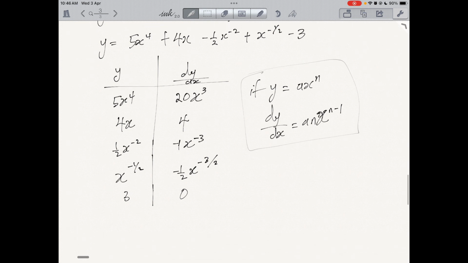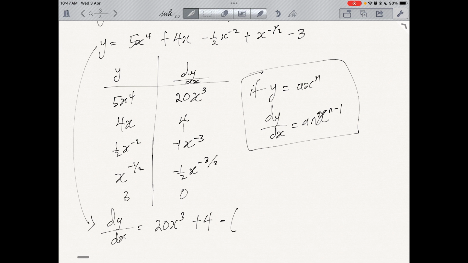Now let's have our final dy/dx, which is the addition of all. So we have 20x to the power 3 plus 4 minus 1 into minus x to the power minus 3.